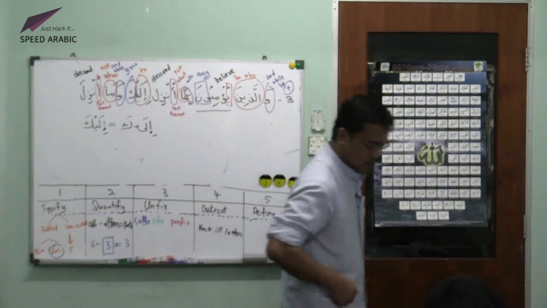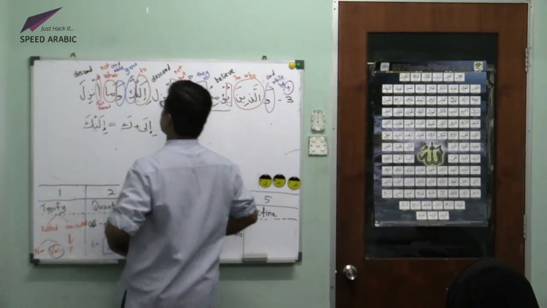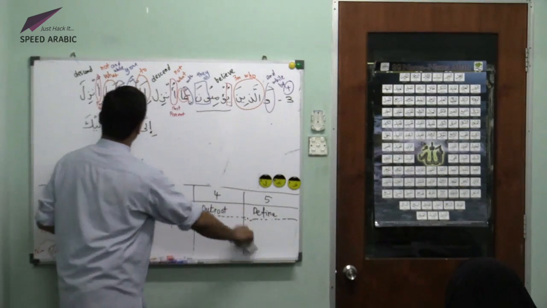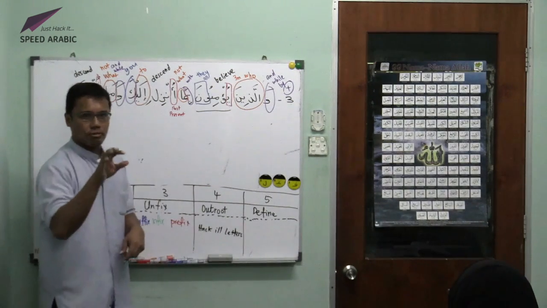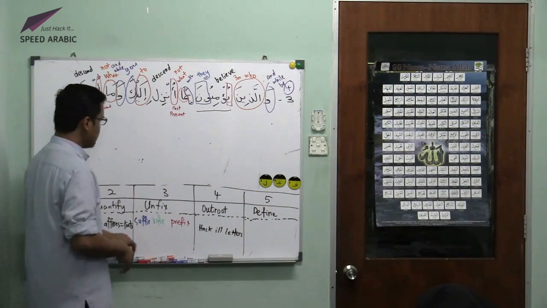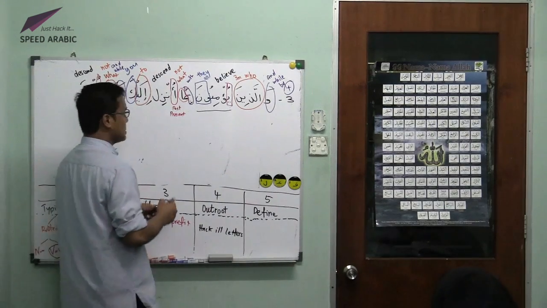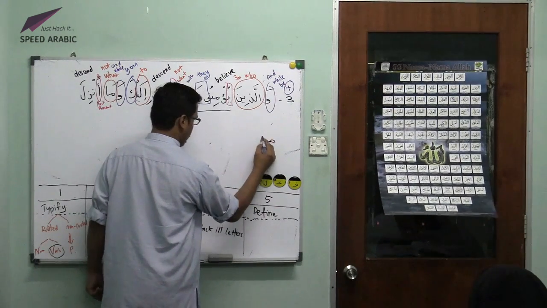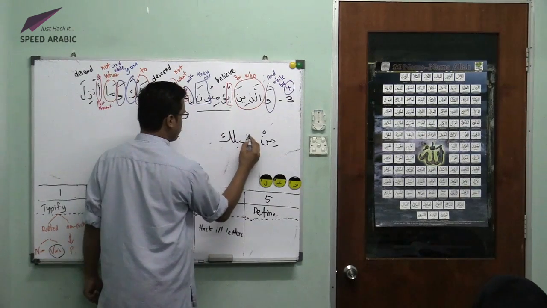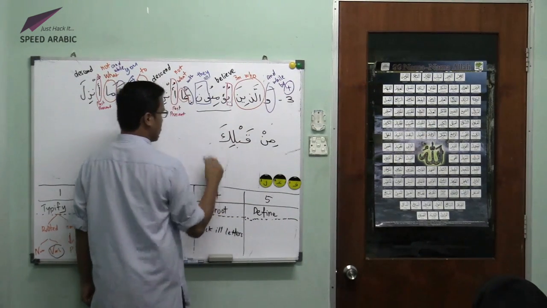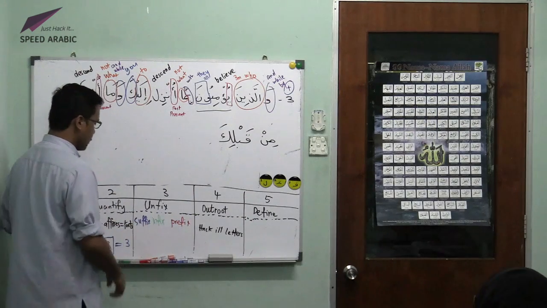Okay. I think since you need the next line to complete the meaning, so we'll just write the next line. What is the next line? Min qablika. Okay, so we stop there.